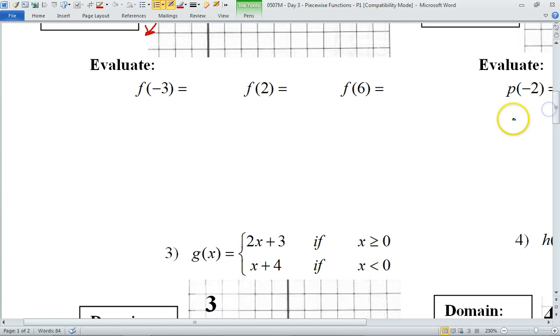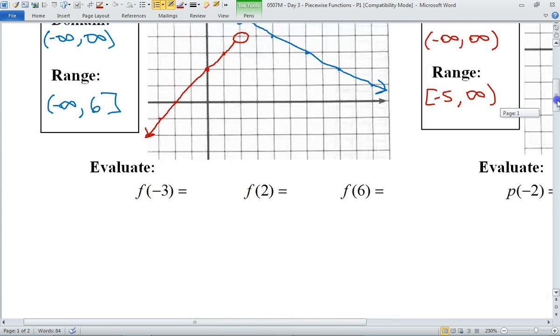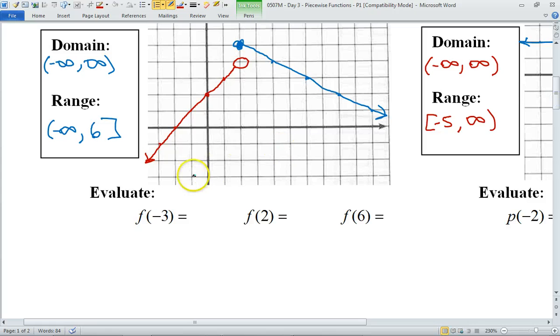Oh yeah, evaluate. Hold on. Okay, evaluating. This is like another skill. You need to be able to evaluate a piecewise function. Now, do you guys remember what this meant when we had a regular function? Like if I had the function f of x equals x squared minus 5, and I wanted to evaluate f at -3.